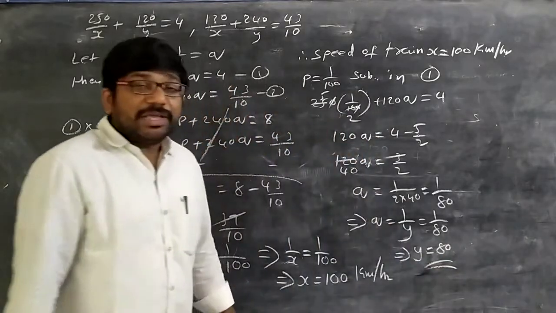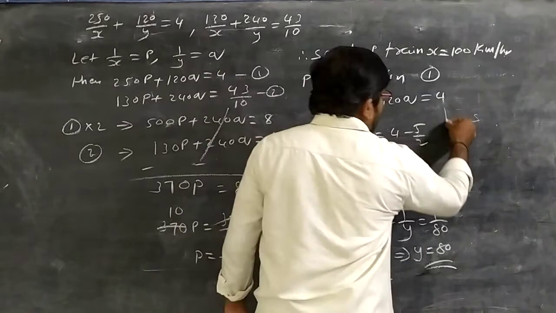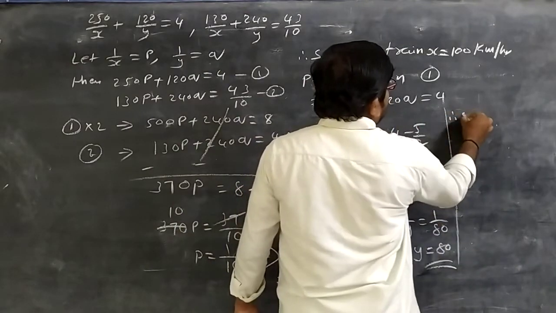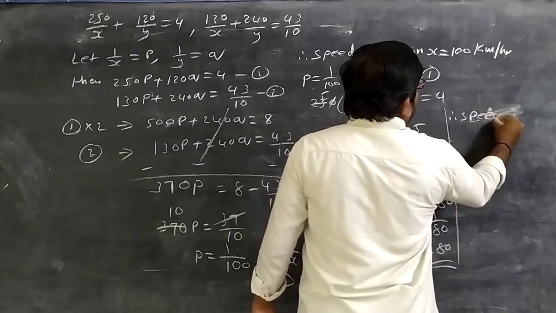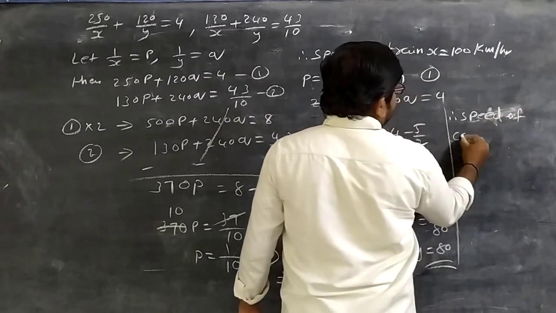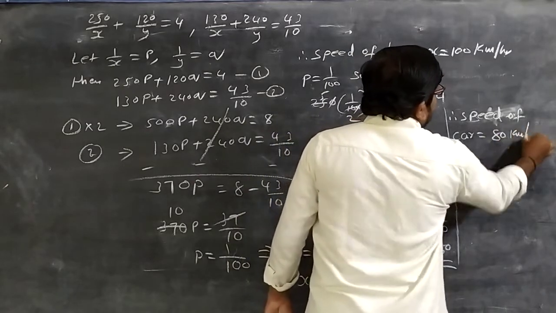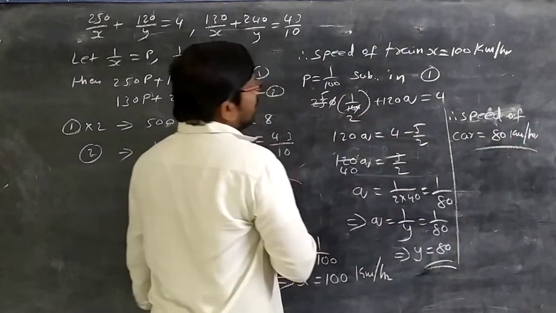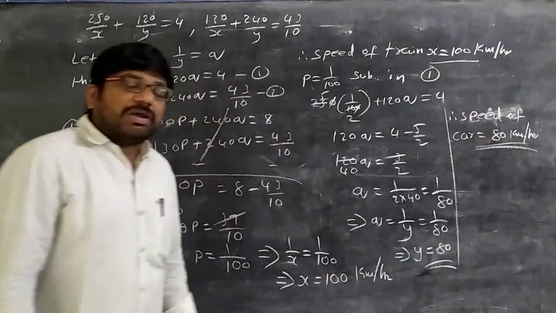What is y here? The speed of the car, right? Therefore, the speed of car is equal to 80 kilometer per hour. So this is the speed of train, this is the speed of car, right?